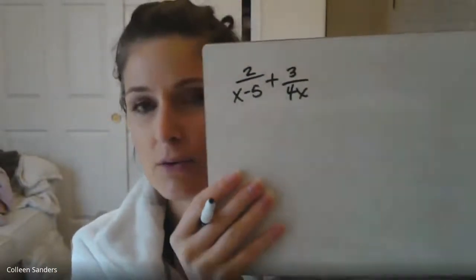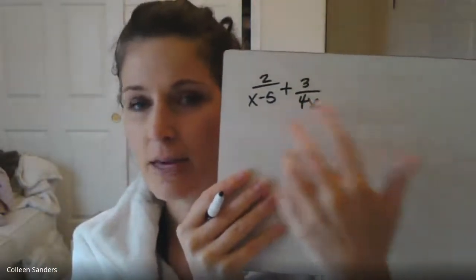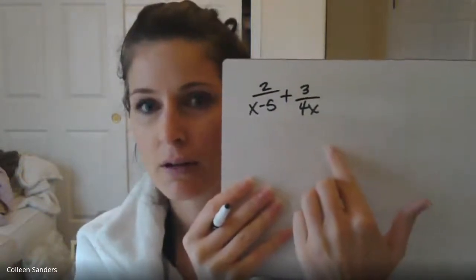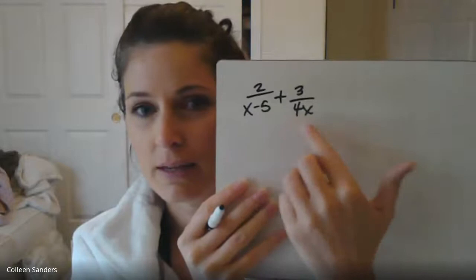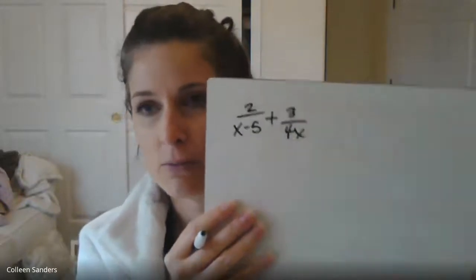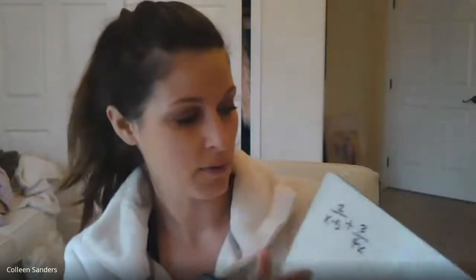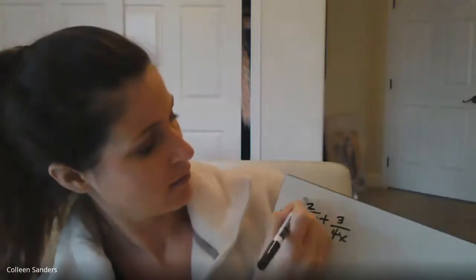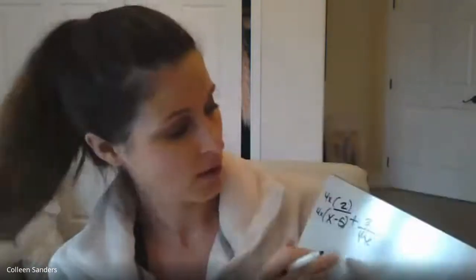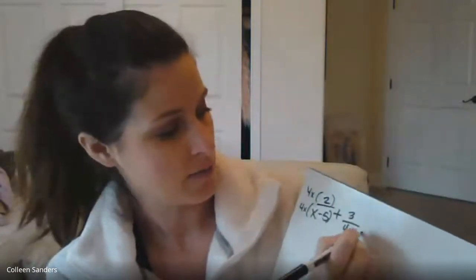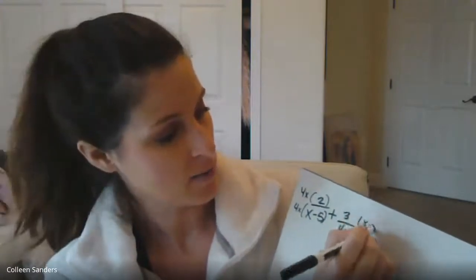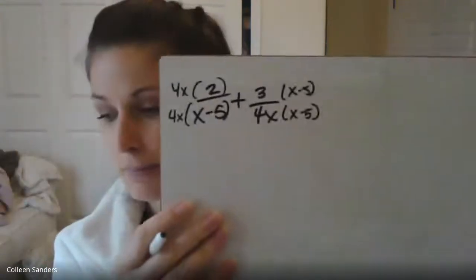So with this, you really can't just make this a common denominator unless you just multiply these two things together. I can't just make this like minus a 5, or it just doesn't work. So my whole common denominator, I'm going to multiply this first one by 4x to the top and the bottom because that's what it's missing. This one is missing an x minus 5, so I'm going to multiply it by x minus 5 to the top and the bottom.